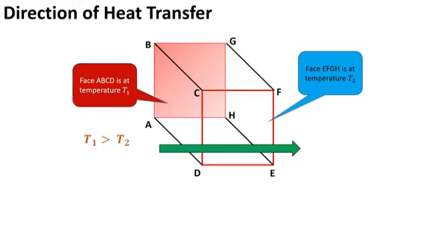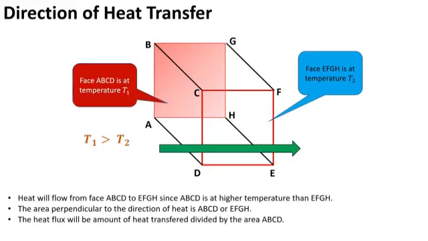Now we have studied the term heat flux in the previous slide. Now what is heat flux? This is the heat transfer. This green arrow shows the heat transfer, and this is the perpendicular area. The area ABCD or EFGH is the area perpendicular to the direction of heat transfer. So heat flux will be the heat transfer divided by the area ABCD.